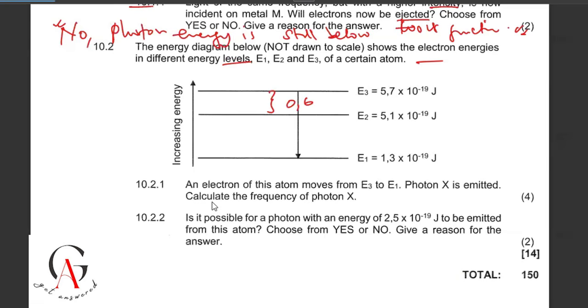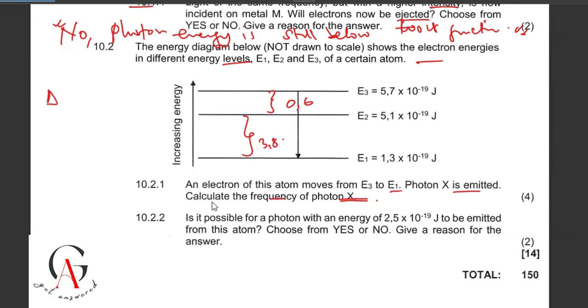And then the difference between E2 and E3, the 5.1, we are subtracting 1.3, which gives us like a 3.8. All right, first question. An electron of this atom moves from E3 to E1. Photon X is emitted. They want us to calculate the frequency.